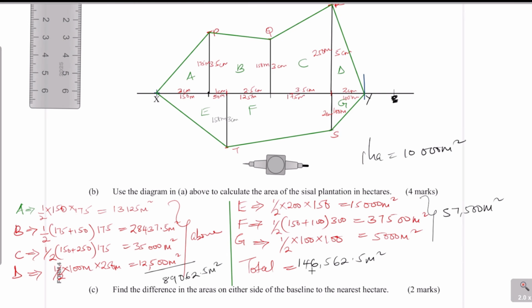So you simply divide that by 10,000, and you'll get 14.6563 hectares. So that is the total area of this plantation.